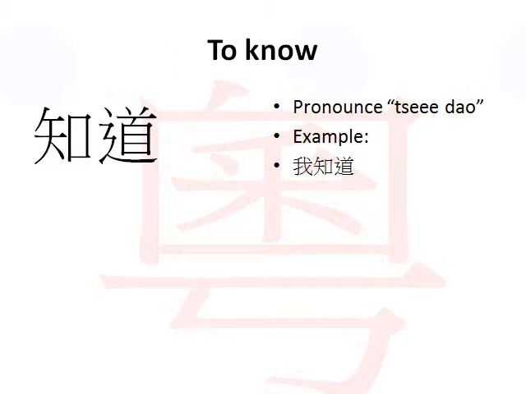The second kanji is pronounced Do, which I said D-A-O, but a better example would be the word kendo, the Japanese sword fighting art. Just remove the ken from it, and that's what this would sound like. So the verb to know in Cantonese is 知道. An example would be I know, which is 我知道.